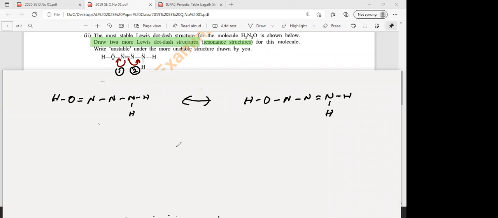You get a minus charge. Look at the screen. This one you get 2 lone pairs. This one you get a plus charge on oxygen. And here you get a lone pair on nitrogen. And here you get 2 lone pairs, and then it carries a negative formal charge. Minus, and here plus.